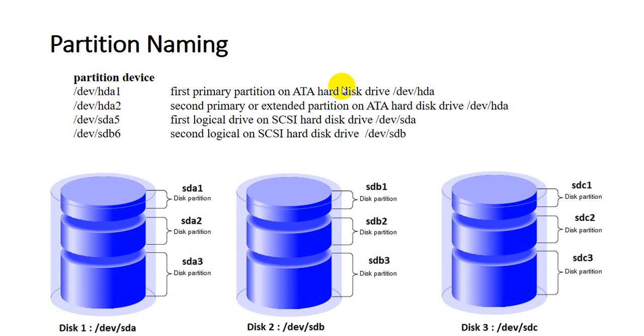In the same way, if you attach an ATA hard disk, it will be detected as hda, hdb, hdc, and partitions hda1, hda2 and so on. So this is how disks and partitions are detected inside the Linux system.